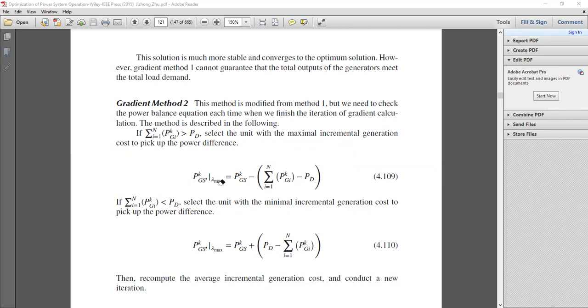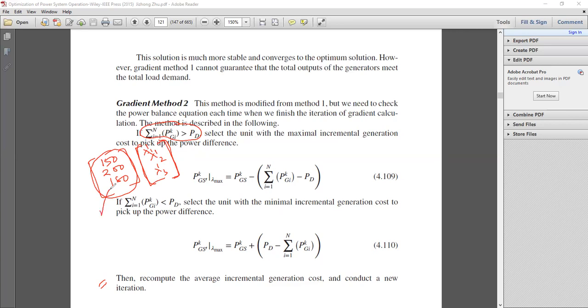Now, because you have updated your PGs, something is still left. It was 150, 200 and 180. With these you calculated lambda 1, lambda 2, lambda 3, using these PG values, and you found the highest lambda for this case.